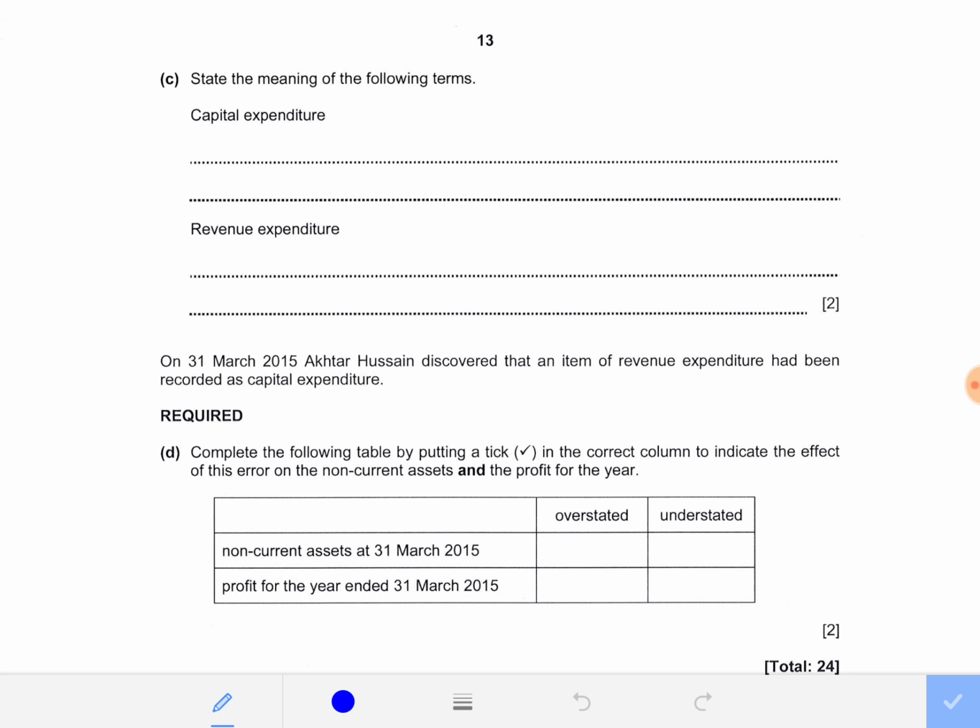Next, C. State the meaning of the following terms: capital expenditure and revenue expenditure. Capital expenditure is when money is spent to purchase or acquire a new non-current asset.